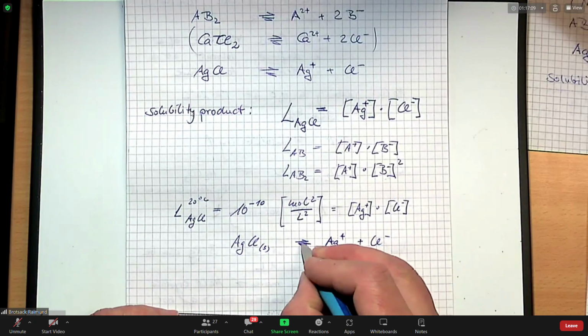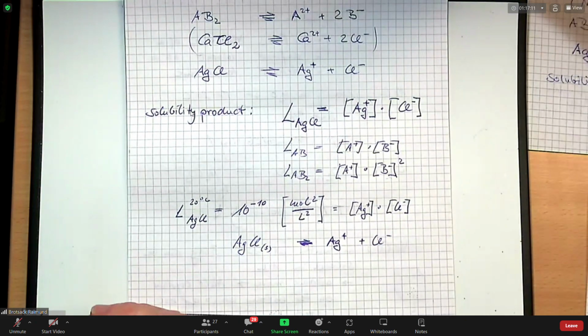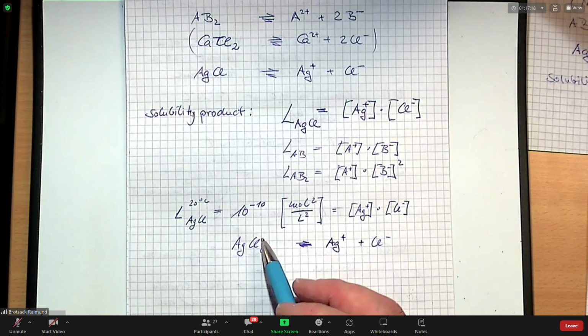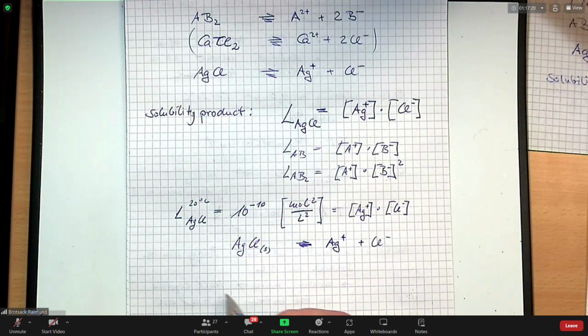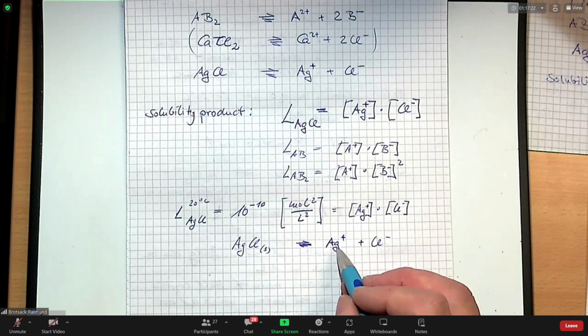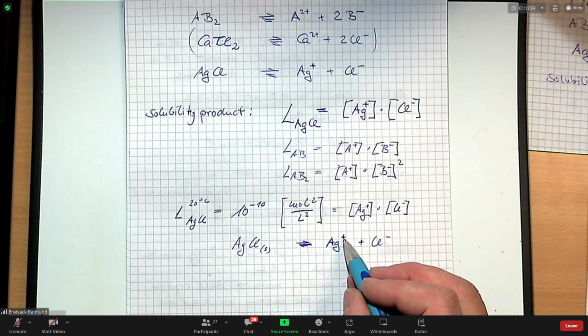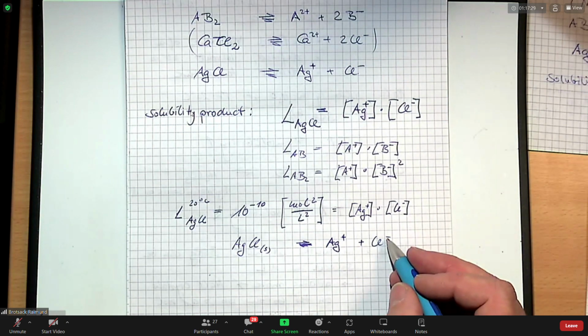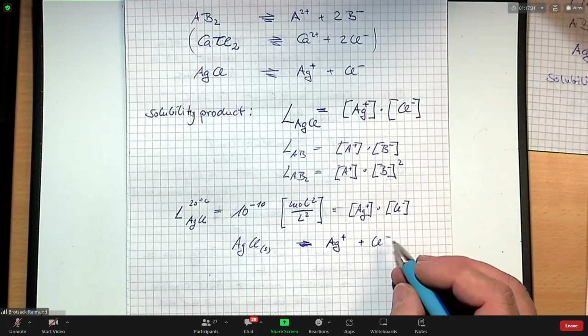This is our arrow. And at standard conditions, the concentration of silver plus ions is the same as the concentration of chloride minus ions, because it's 1-to-1.